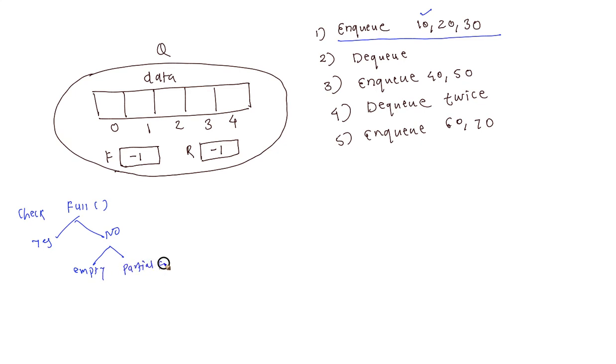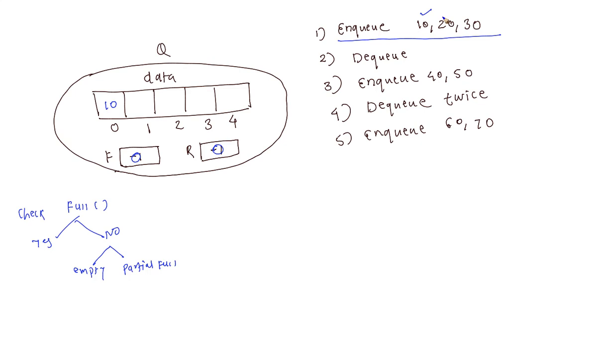Now the situation is empty. When the situation is empty, this is the first NQ or first insertion operation. In this case, we set F and R to 0, and insert this 10 at the R location, which is 0.